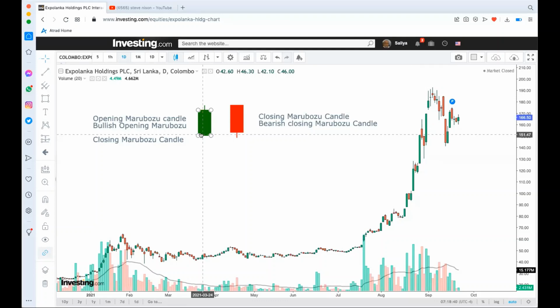It is not only just a resistance line. Every day in the Sri Lankan market, we start at 11 o'clock and finish at 2:30. That means we have 3.5 hours of trading, which is 60 seconds into 3.5 hours in terms of minutes.